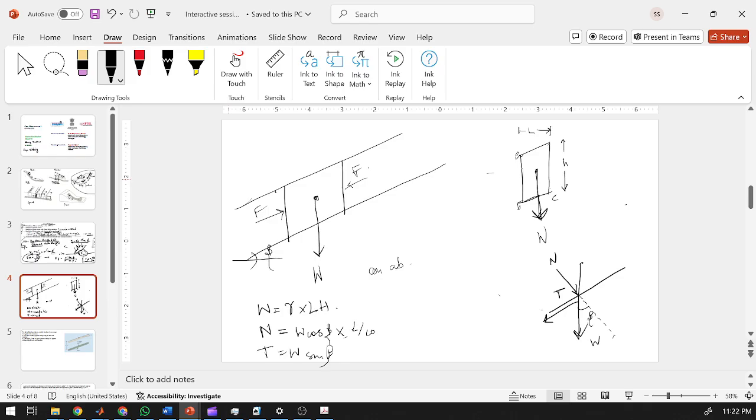So the normal force to get the normal stress, divide by area, W cos beta over L by cos beta. So we get sigma n is equivalent to gamma h cos square beta, and we get tau is equivalent to gamma h cos beta sin beta.